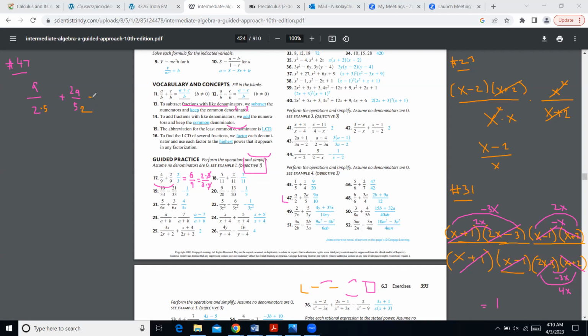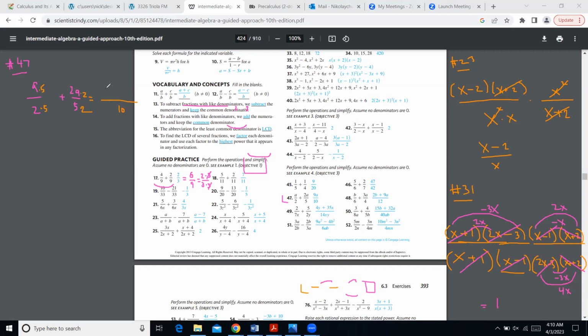So my so-called common denominator will be 10. And I must multiply numerators also by the same exact numbers. So the first fraction I multiply by 5, and the second by 2. That doesn't change my fractions.